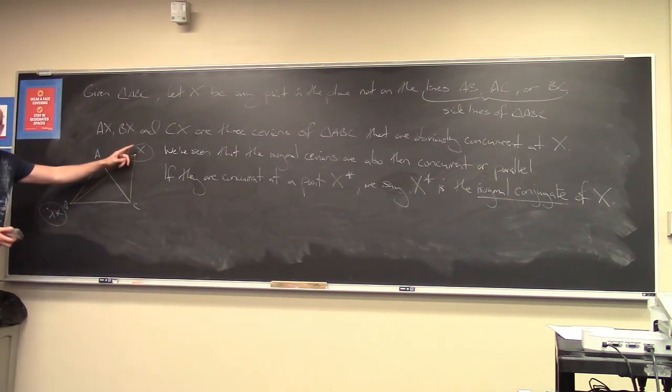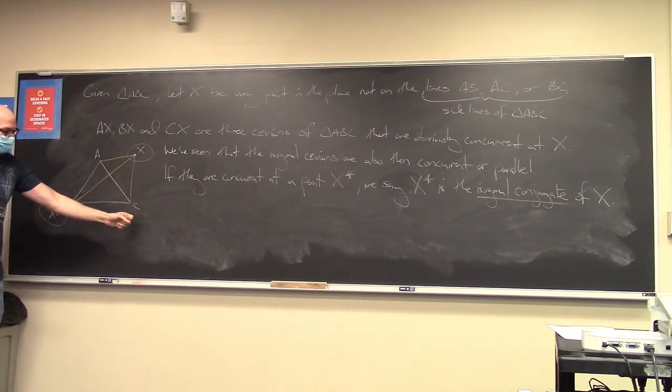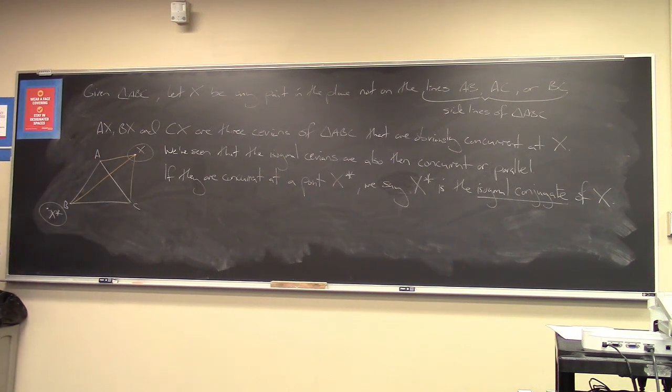Not all points have isogonal conjugates. For example, if you live on the sideline, isogonal conjugates aren't even defined. But what points am I guaranteed do have isogonal conjugates? Interior points. If I have an interior point, the three Cevians passing through that point are all interior Cevians.